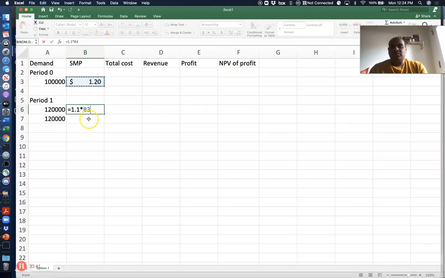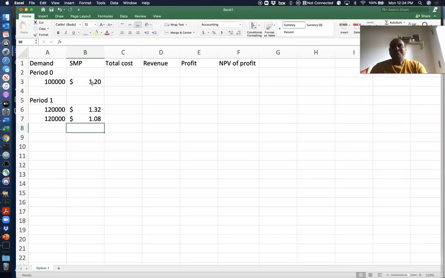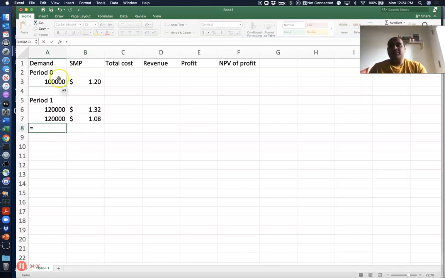So demand goes up by 20%, spot market price goes up by 10%. Then demand goes up by 20%, spot market price goes down by 10%. And similarly, then demand goes down, so it'll be 90% times that. The same goes again.